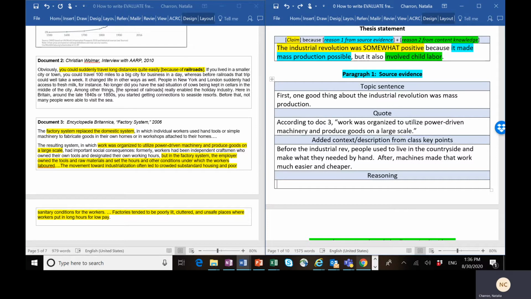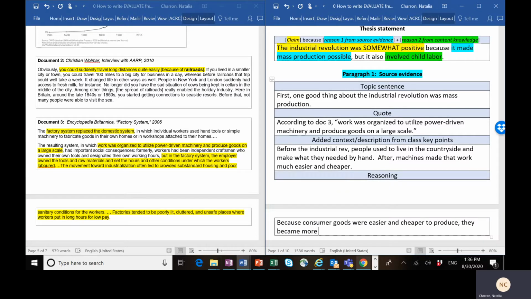So a couple ways of doing this, and probably the easiest way in my mind, is to talk about long-term effects, right? We just said that the Industrial Revolution made machines do work that made things much easier and cheaper. Well, what's good about that? Because consumer goods were easier and cheaper to produce, they became more affordable for common people to buy.